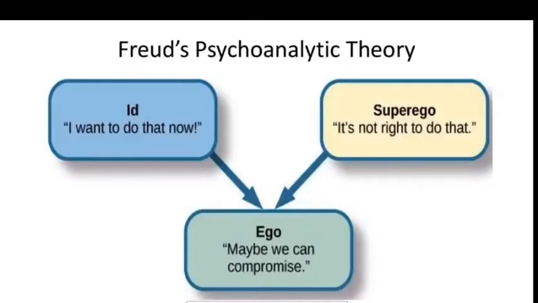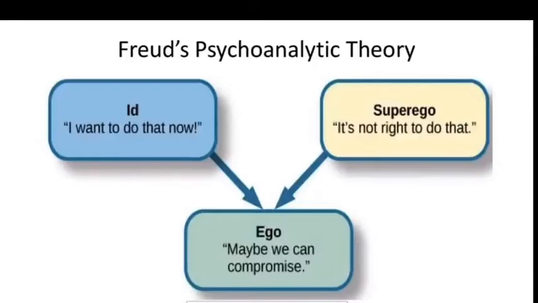Now, the opposite of your id is your superego. The superego is the moralistic side of you. So your superego would always tell the id, it's not right to do that, so don't do that. Okay, the superego would always be very cautious. Now, the ego, on the other hand, out of these 3, is the balance. The ego would always be looking for compromise.